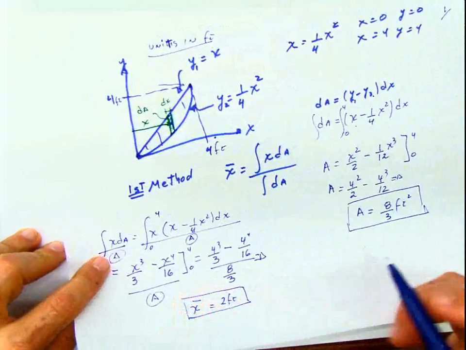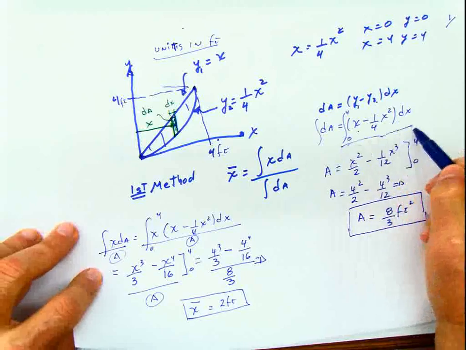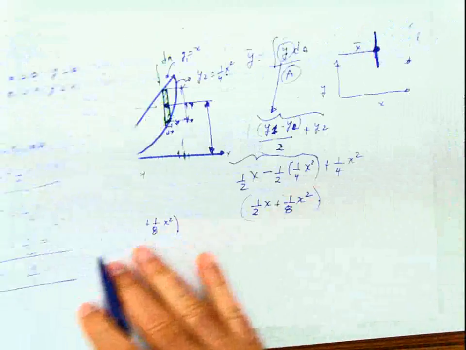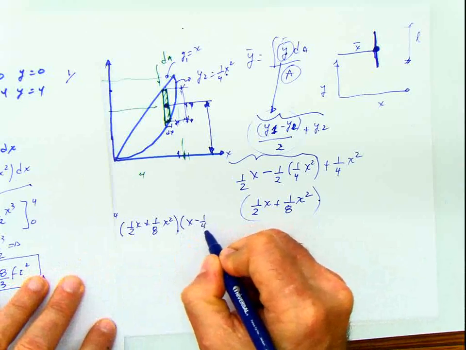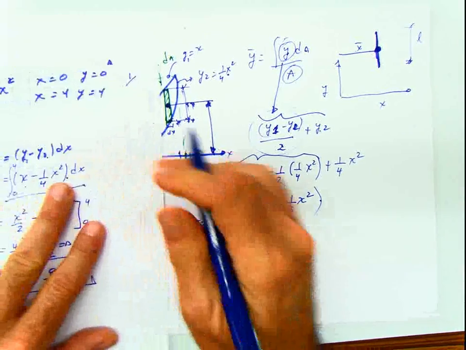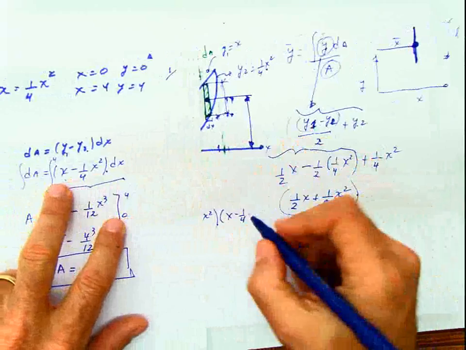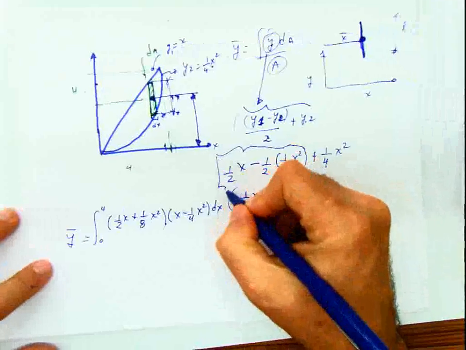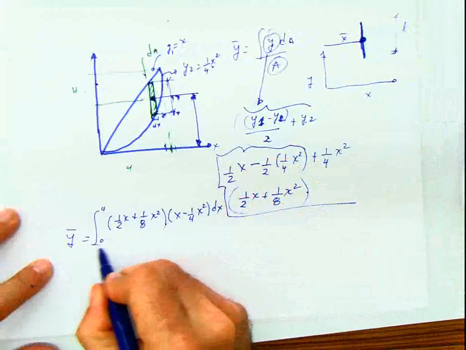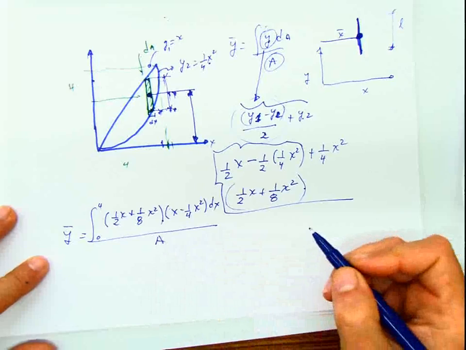Remember, the differential of area that we calculated before was this here. So multiply by x minus 1/4 x squared dx. And everything is going to be divided by the area.